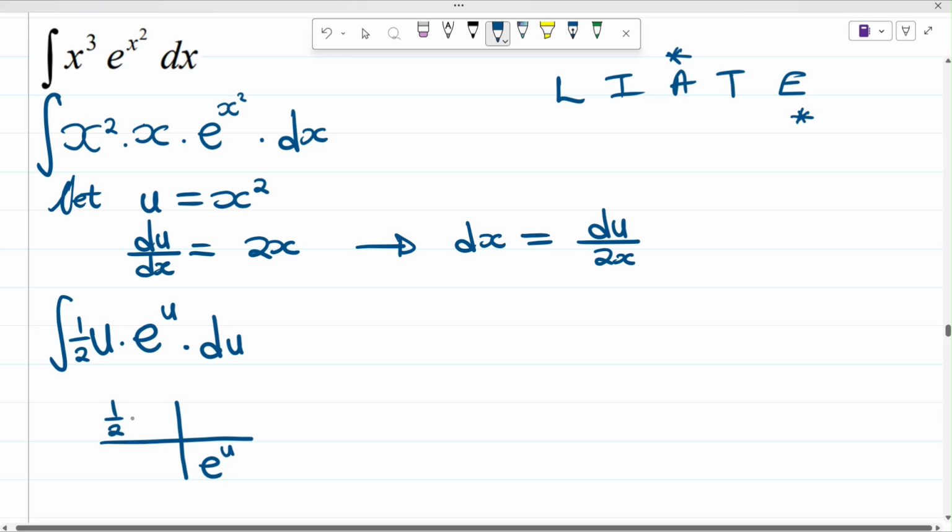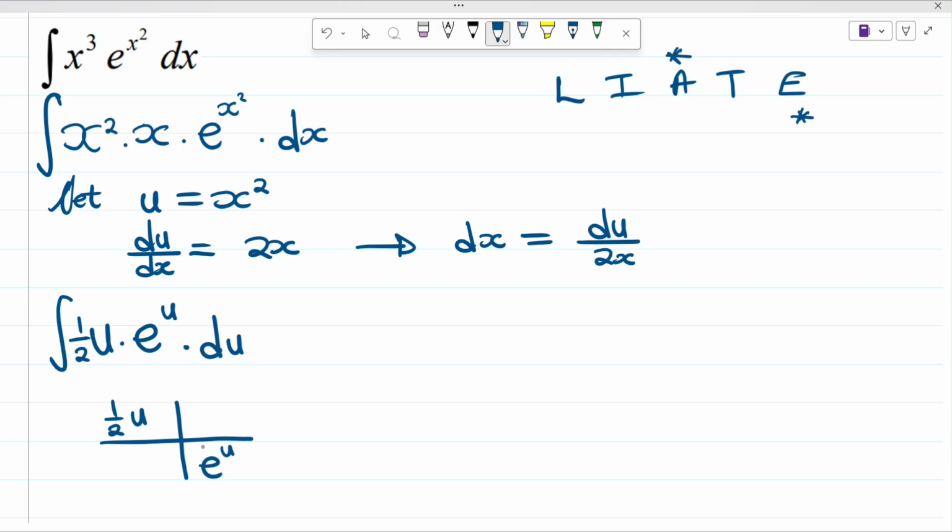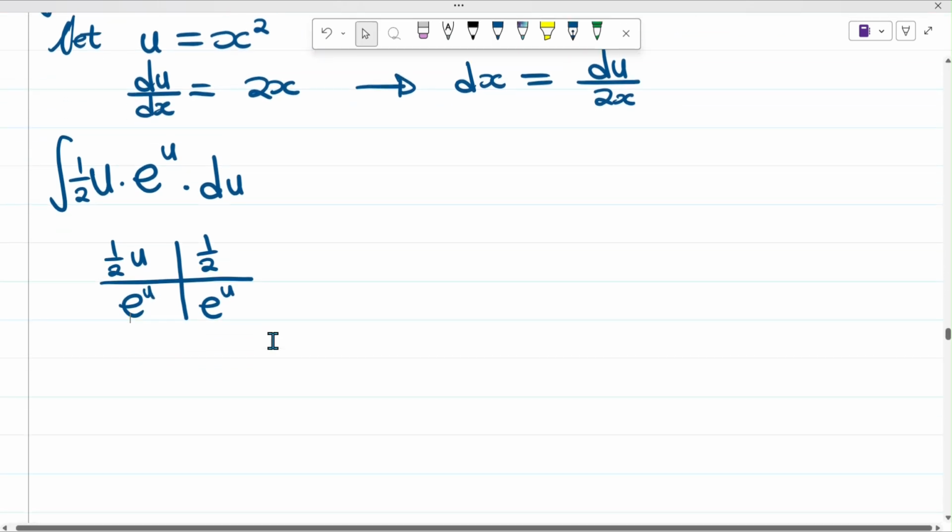Then our 1 over 2 u is written here. Then we differentiate, we'll still be left with 1 over 2. We integrate e to the power u, it remains e to the power of u. Then we apply our integration by parts.